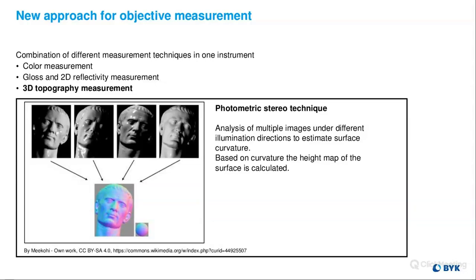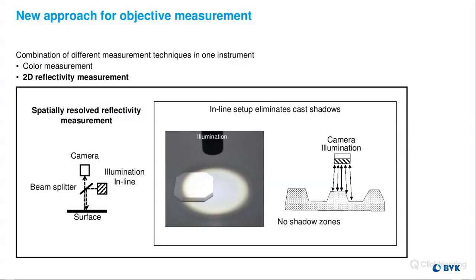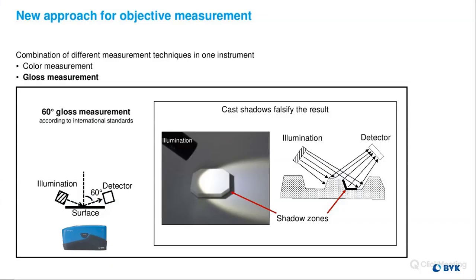And then we also have, again, the 2D reflectivity. That uses the inline illumination, so you have illumination directly overhead rather than just from the traditional 60-degree angle of a normal gloss meter. The regular 60-degree angle gives you these shadow zones, so it falsifies your results.